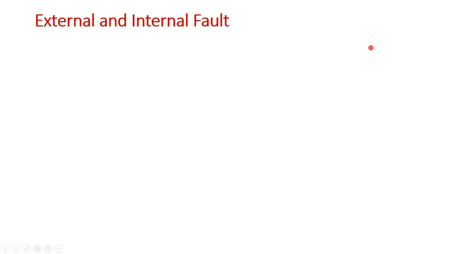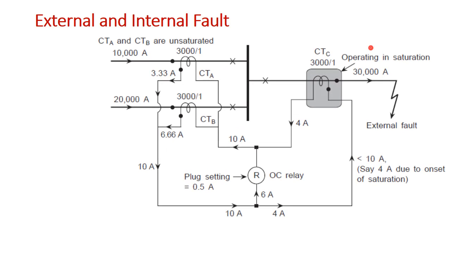Okay, let us see how the differential scheme in a busbar protection will behave towards an external and internal fault. Let us say an external fault, right. So this is a busbar protection scheme, differential protection scheme for a busbar.